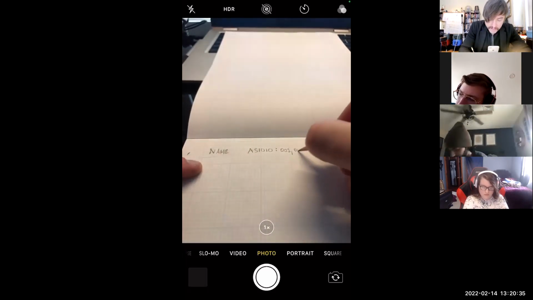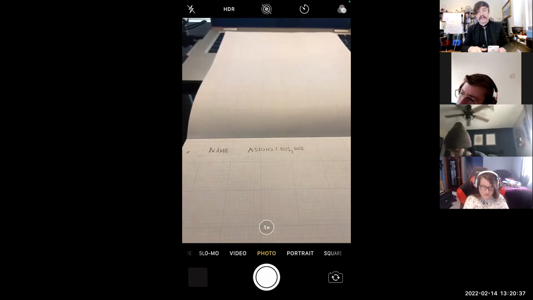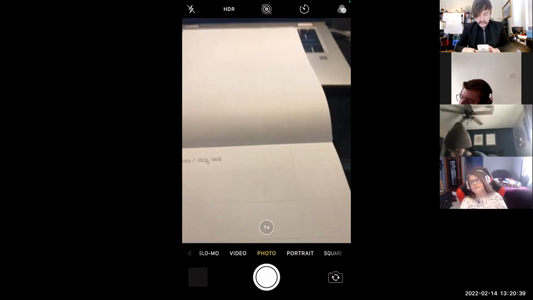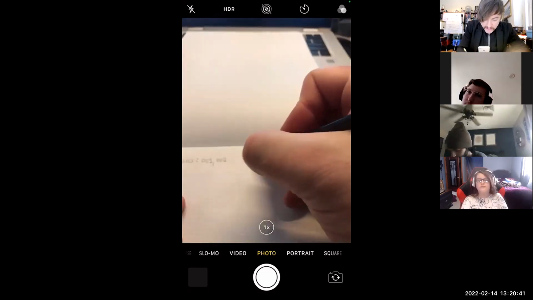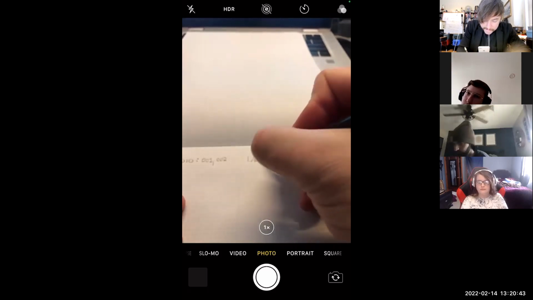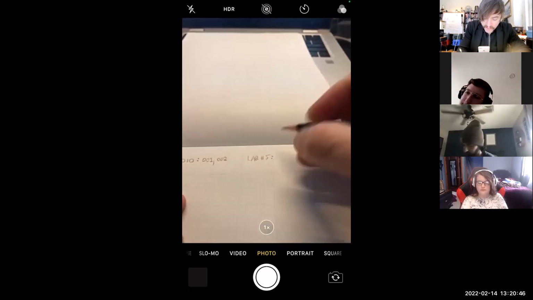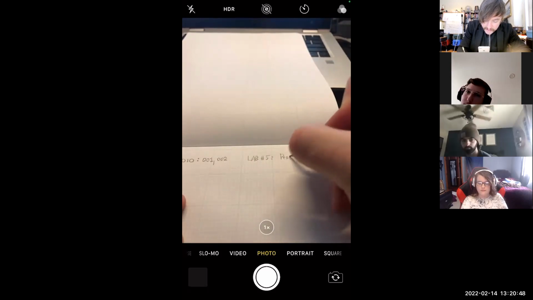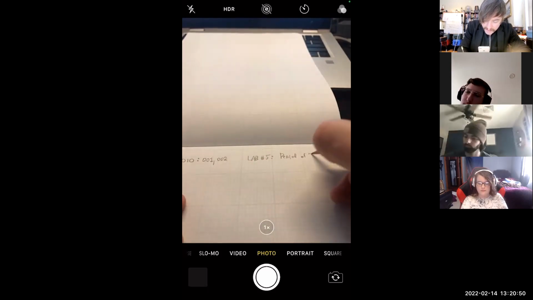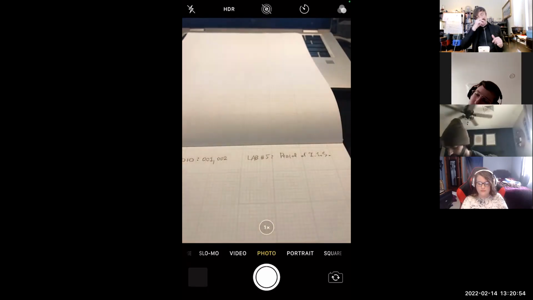If you're in the Wednesday lab, put 002. I'll be doing this again with the night class tonight. And then this is lab number 5. And we can just call it the period of the I.S.S. Please label it lab number 5. That really helps.